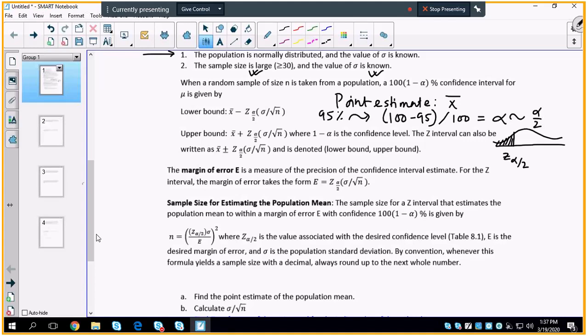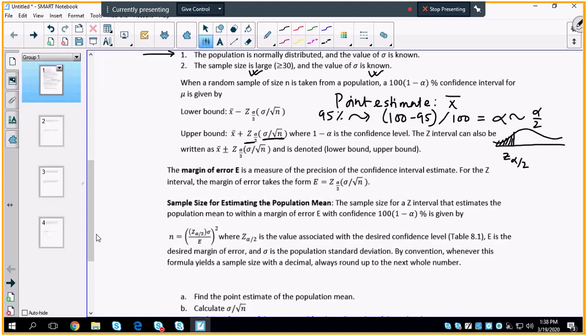Once you find and recognize the z alpha over 2, you are going to use the population standard deviation sigma, divide it by the square root of the sample size, and you will get sigma over square root of n, and multiply that with your z alpha over 2's absolute value. And then you are going to add and subtract this from the point estimate, and you will get the confidence interval.